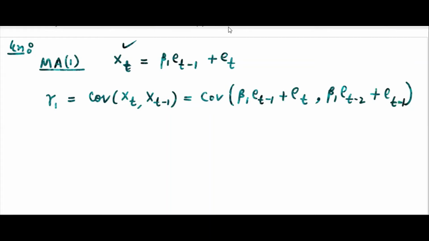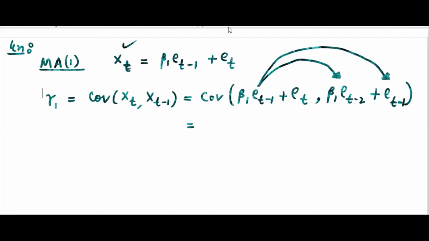Now in the case of MA processes, it's very easy to find covariances, because you have to see one by one, this one with this one, and this one with this one.